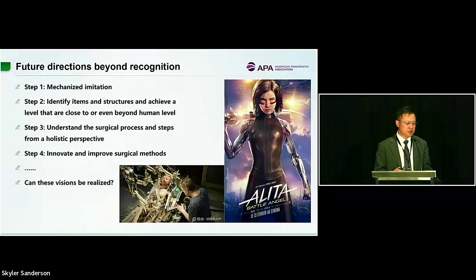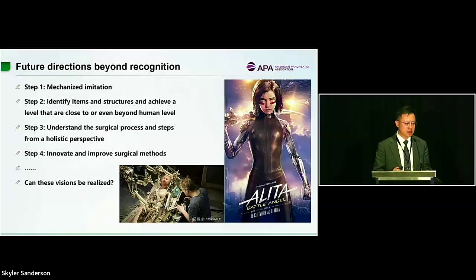The last one: several years ago, there was a very famous Hollywood movie, Alita. I love the movie very much. We can see there is an automatic surgery in the film. So what are the future directions? The first step is that we need mechanized imitation, and the second would be to identify items and structures to achieve a level even beyond the human level.